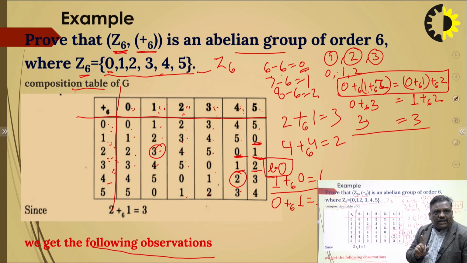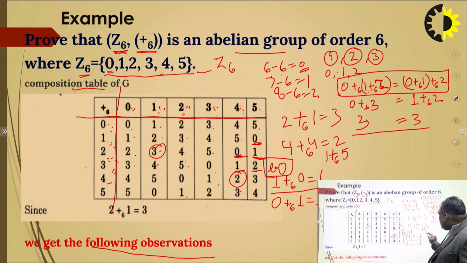The fourth property, inverse element. The inverse operation is to say that when we apply 1 plus 5, the inverse of 1 is 5 here, and this one is 0, and that is equivalent to E. Okay, in the same way, 2 plus 4 is equal to 0, and that is equal to E. So the inverse element of 2 is 4.